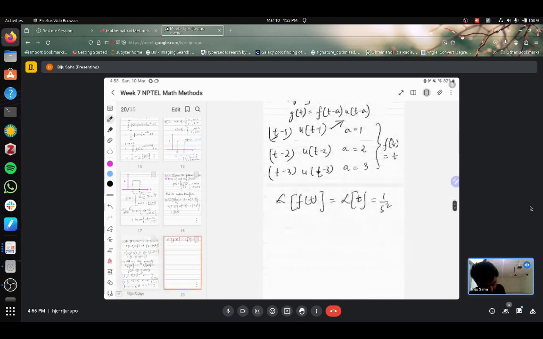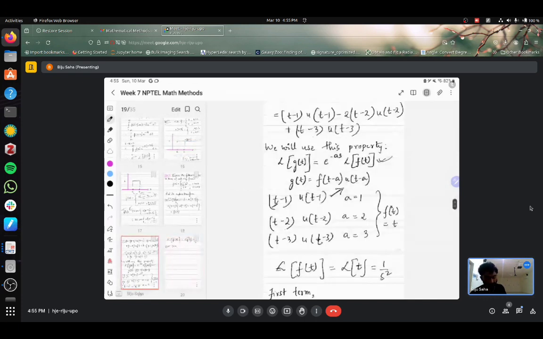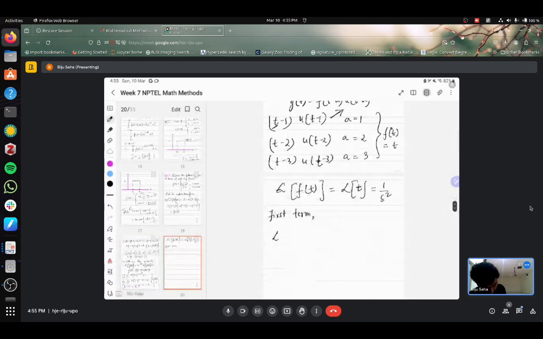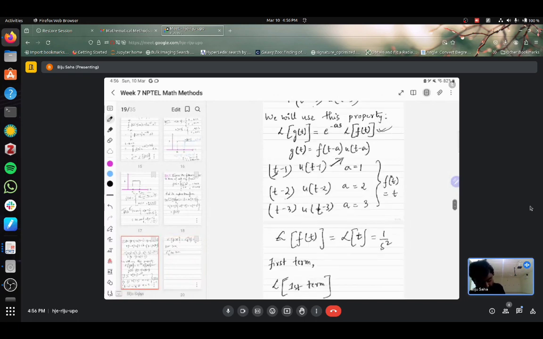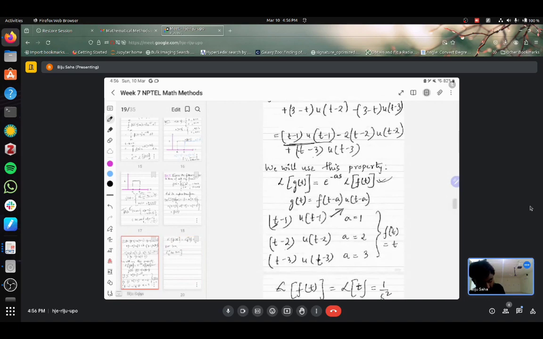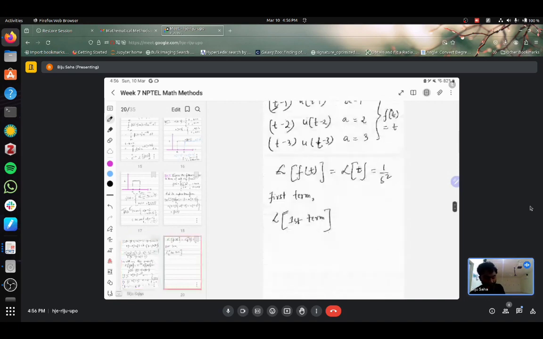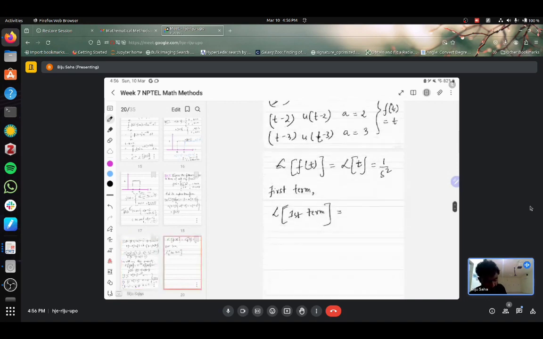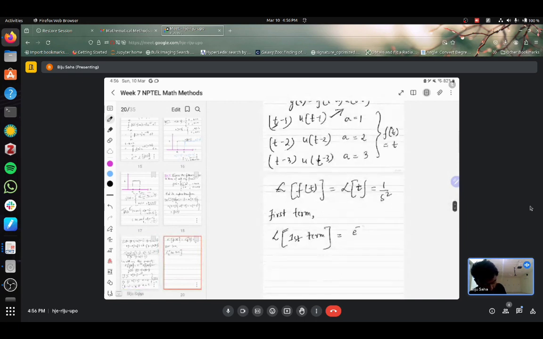So for the first term, the Laplace transform of this term, I'm not writing it explicitly, is given as e to the power minus as, and your a is 1, so e to the power minus s over s square.